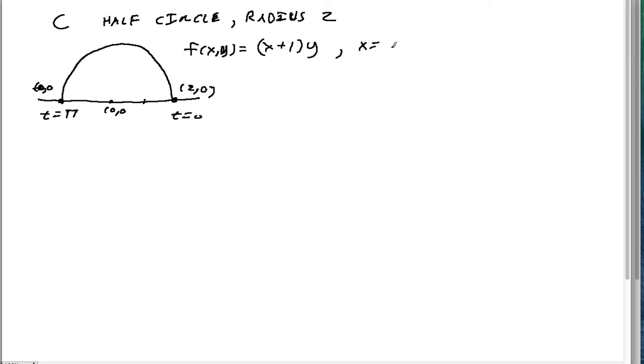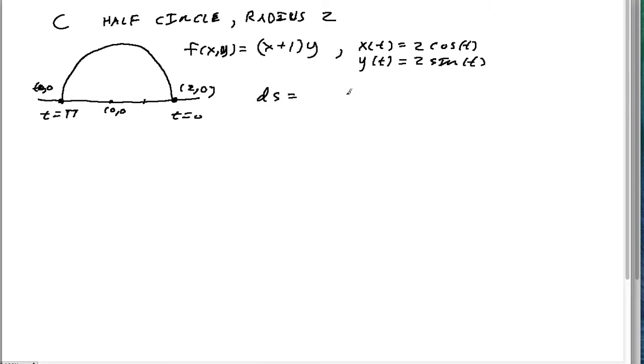Well, I'm going to say x of t is equal to 2 cosine t. That works out, okay? And then there's also y of t is equal to 2 sine of t, all right? And then what we have to do is find out what's our ds.